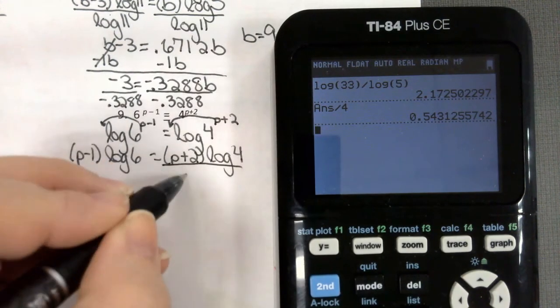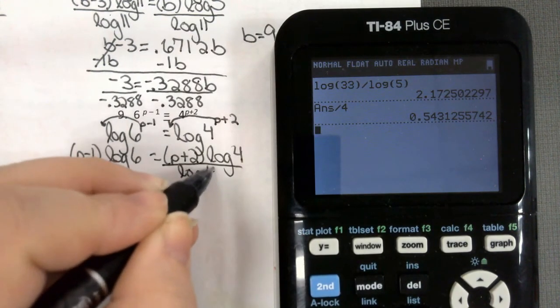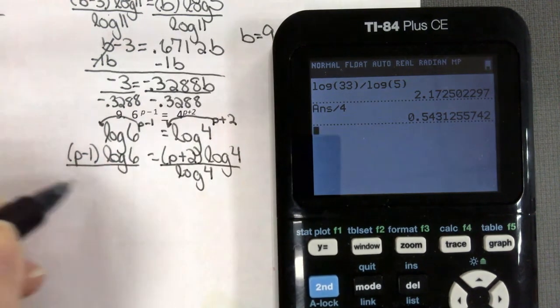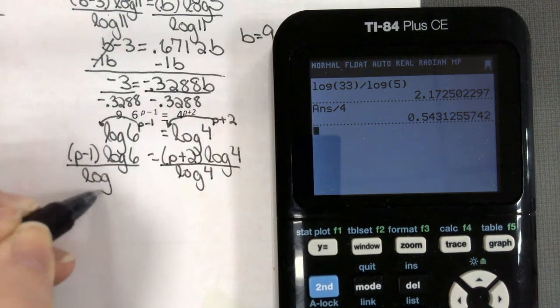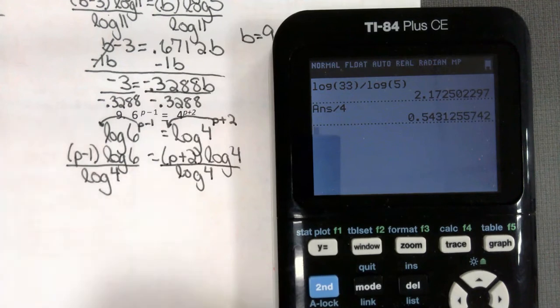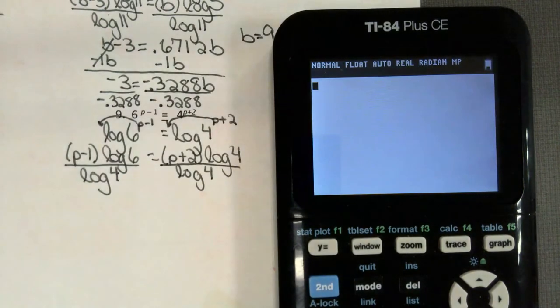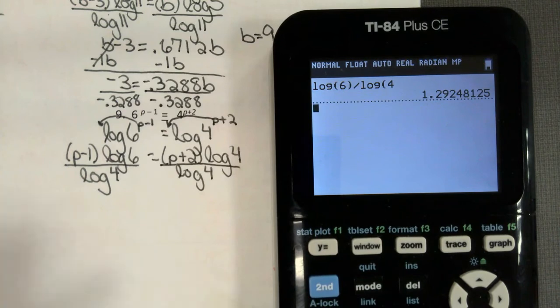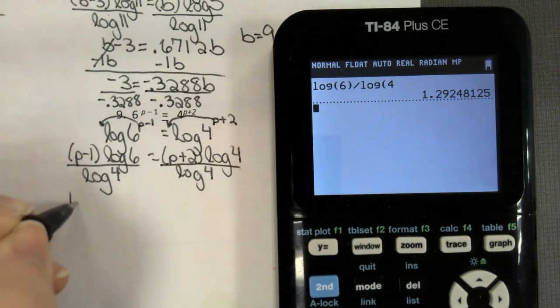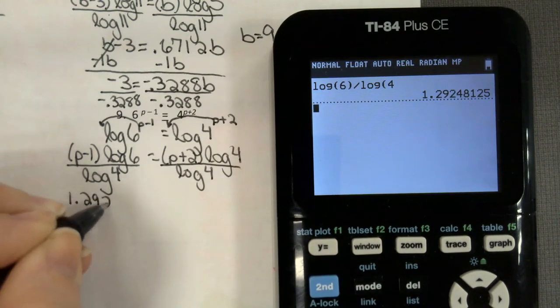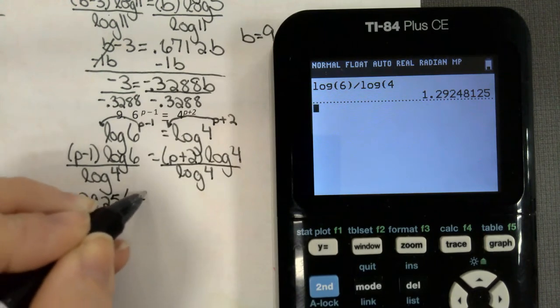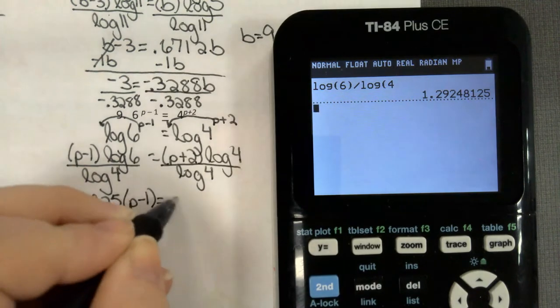So we have log of 4 that we're going to move. You want to move the logs to the side that you want your decimal to end on. So log of 6 divided by log 4 gives me 1.2925 times p minus 1 equals p plus 2.